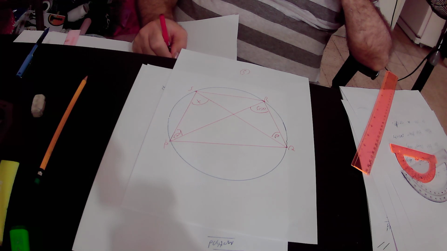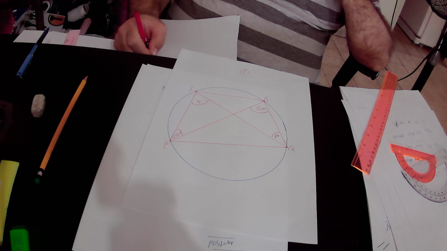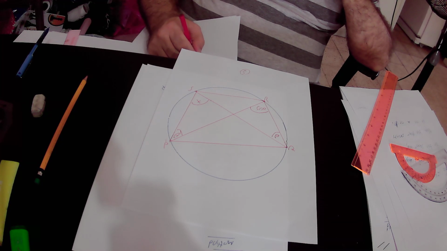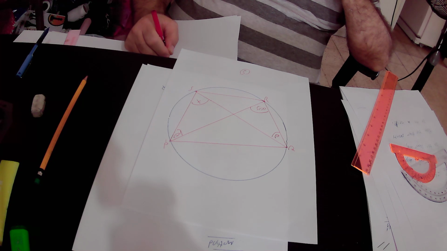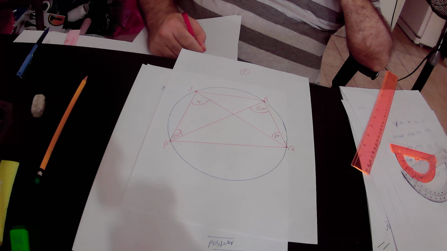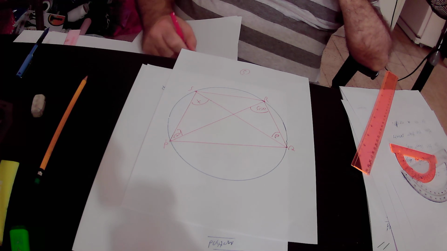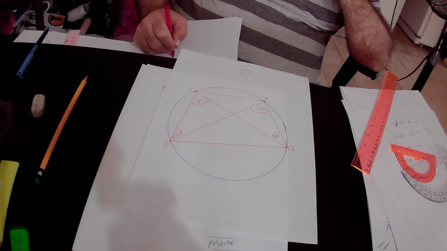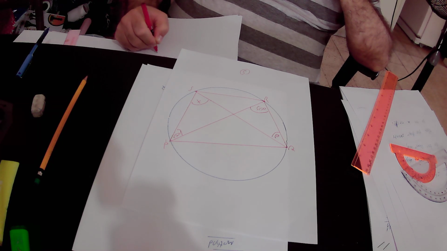Peripheral angles that subtend the same chord are equal to each other.